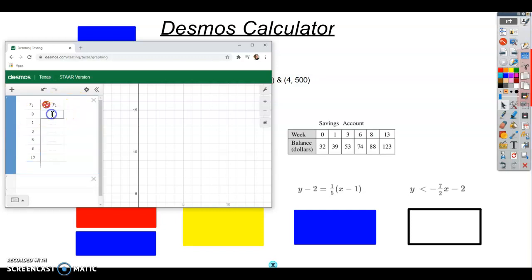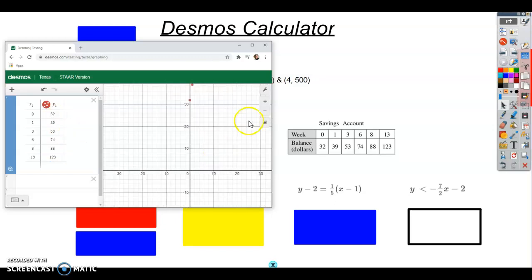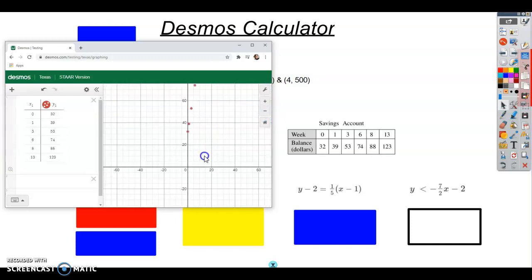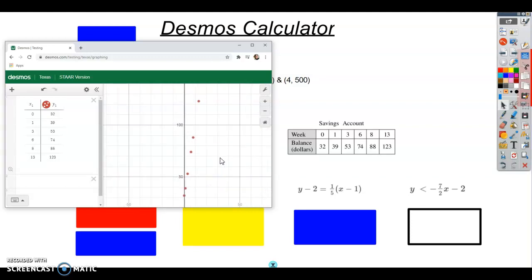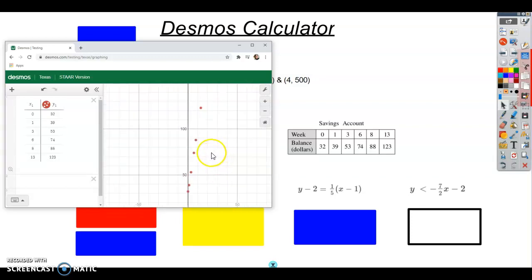And then on the other side, I'm going to do 32, 39, 53, 74, 88, and 123. And then I'm going to zoom out. You can push these buttons if you want to, I'm just using my mouse. And you can tell that that's a line, that's a linear equation. And then you can look at the answer choices and type the answer choices in here and see which one goes through all of the points.